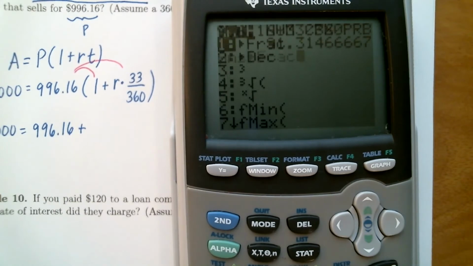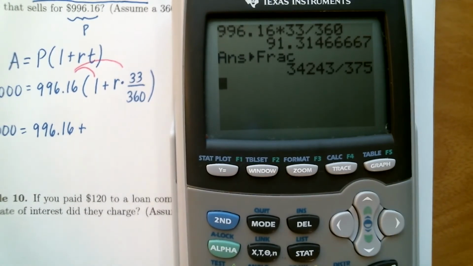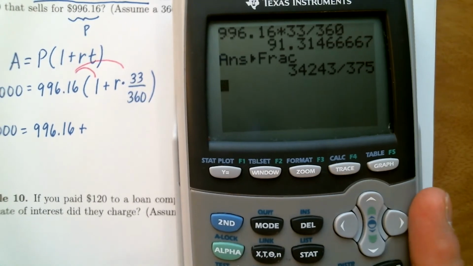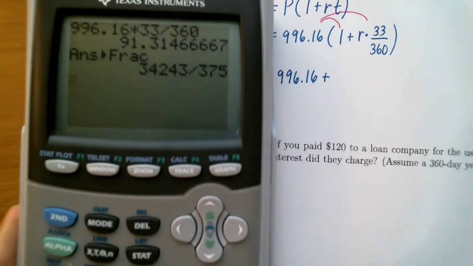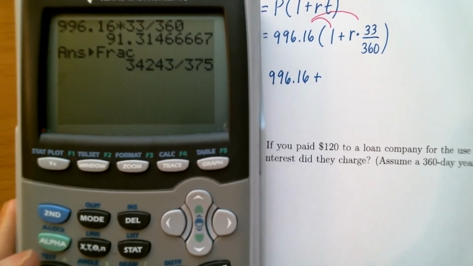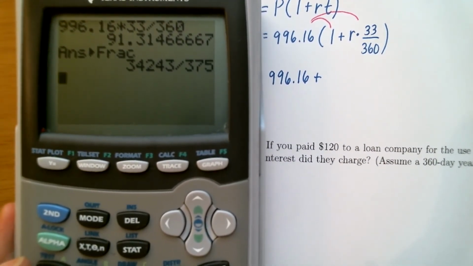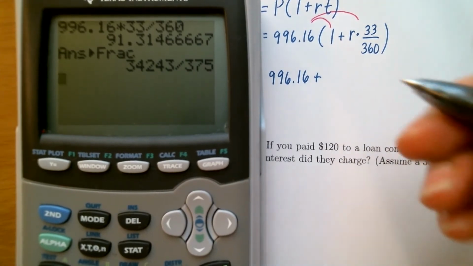If we try to convert this to a fraction, we actually can, or you can carry out all the decimal places. It's up to you how you want to do this. This is kind of messy, so let me write this out. I will just use the decimal expansion here.